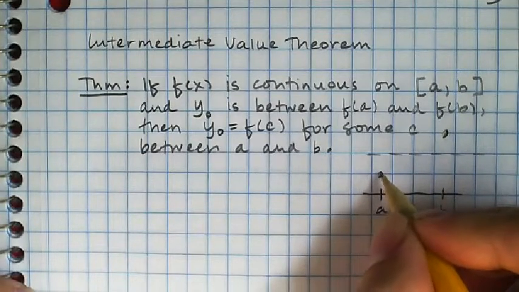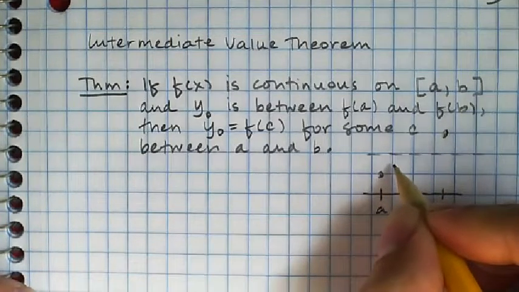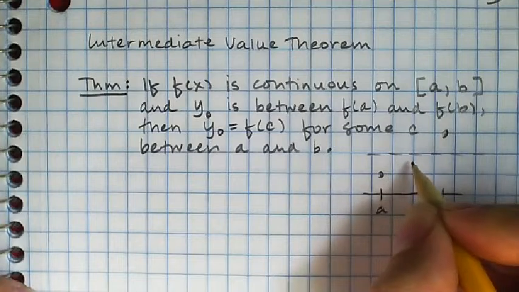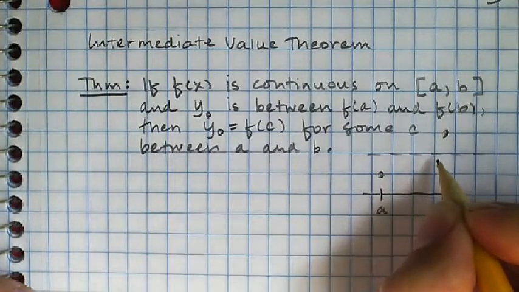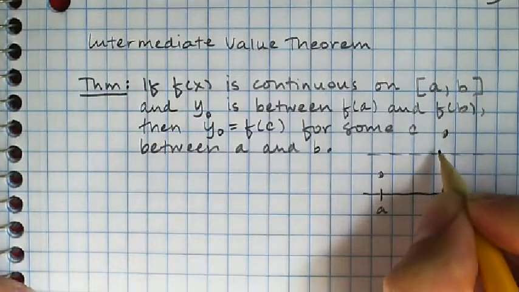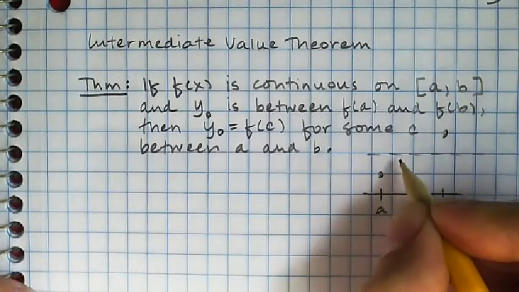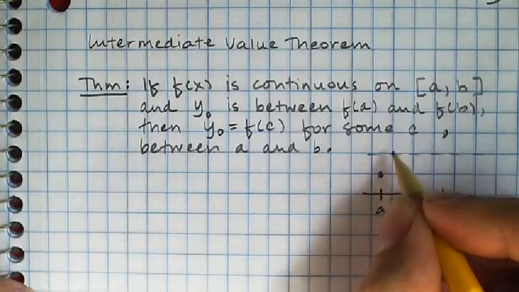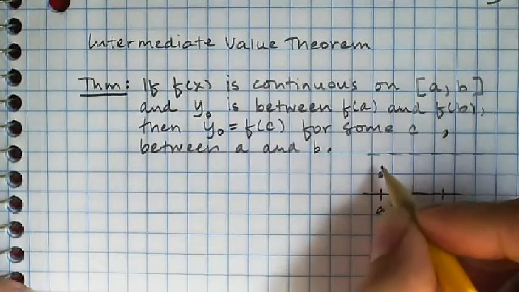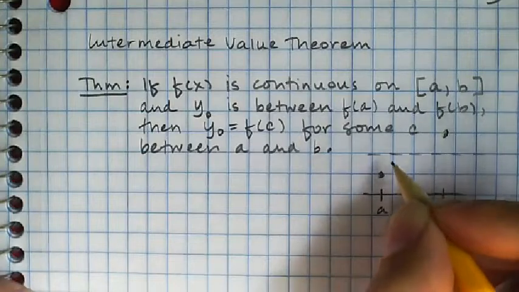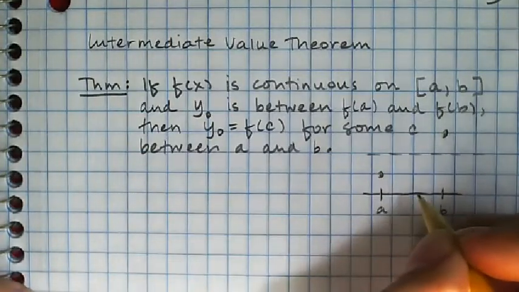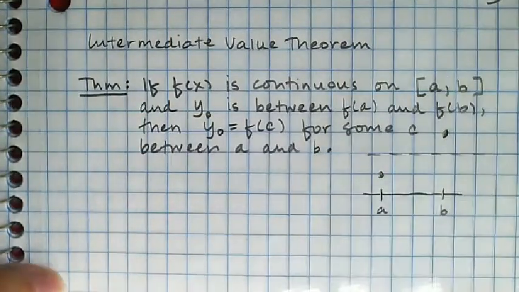So I have to be able to draw it in one stroke of the pencil and get all the way up to f of b. I can avoid it for as long as I want, but since this is a continuous function, I'm going to eventually have to cross, right? There's no way around it. It can happen sooner, it can happen later, it can happen multiple times. But I know it happens at least once for some x value in here.